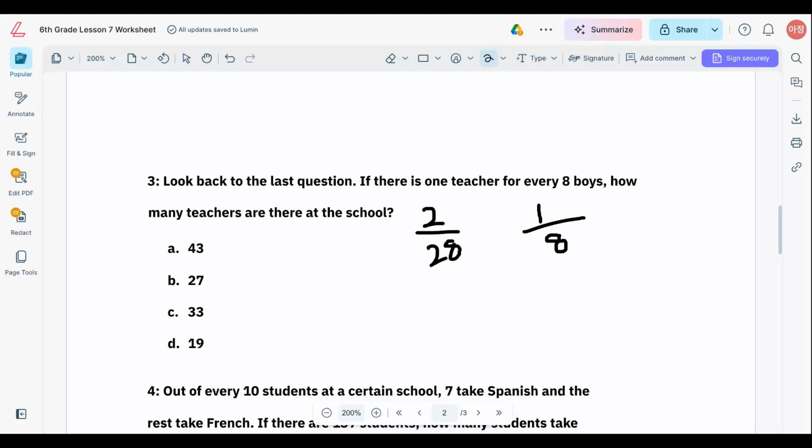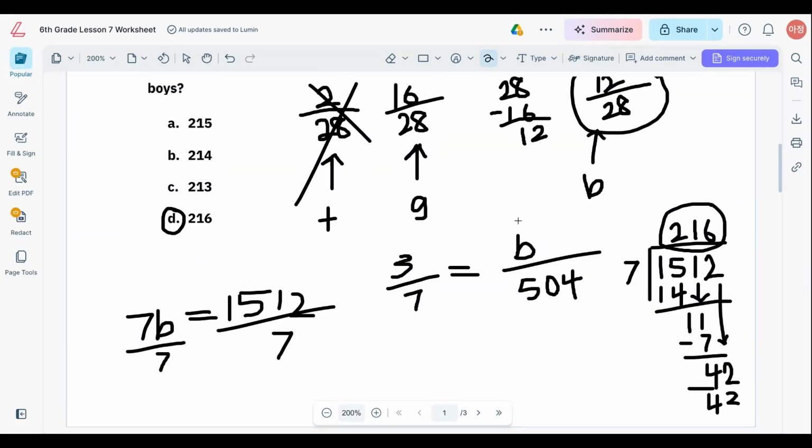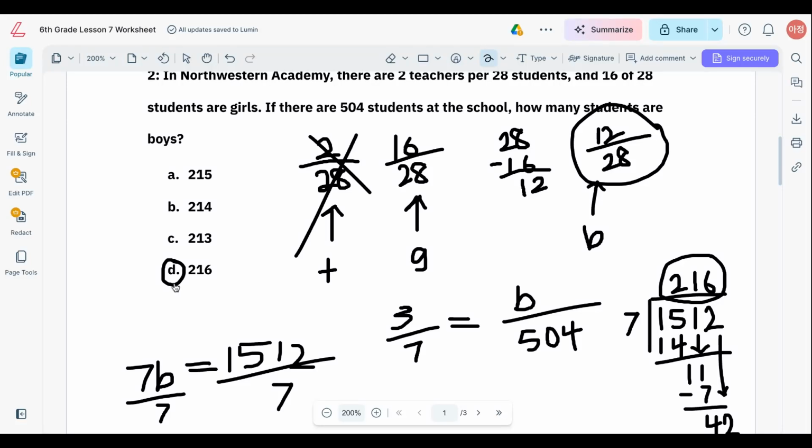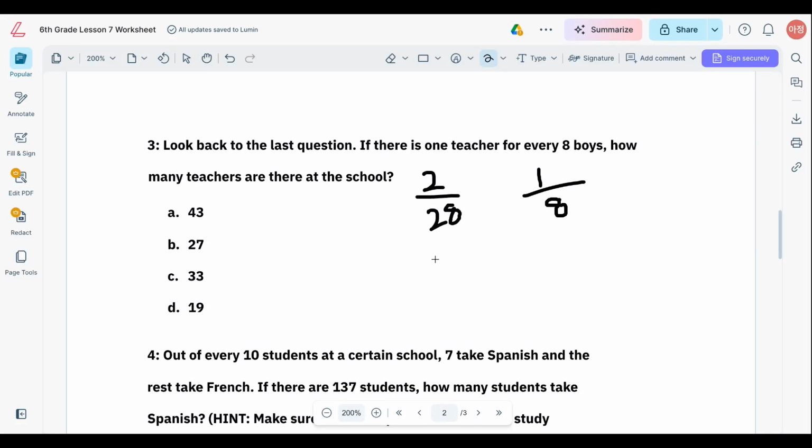What do they want? How many teachers are there at the school? Okay, I'm assuming we're using the number of boys that we found. I think this one might be relevant.